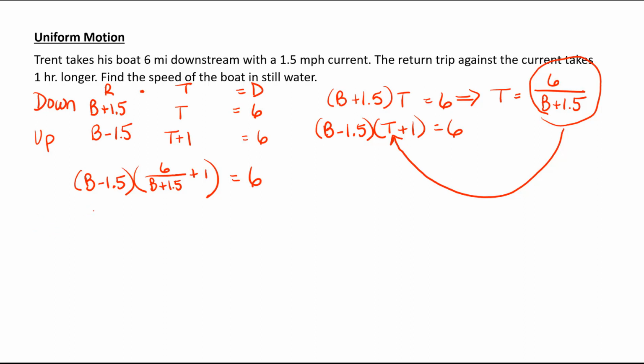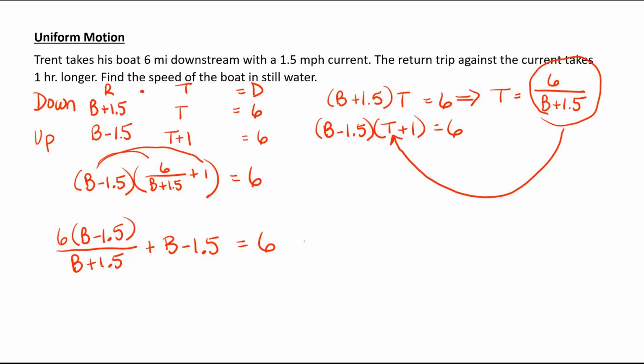If we multiply this together, we multiply this by the first fraction, so we would have 6 times b minus 1.5 over b plus 1.5. And then we multiply it by the 1, so we have plus b minus 1.5 equals 6. We can distribute the 6 in the numerator here, and we'll have 6b minus 9 over b plus 1.5.